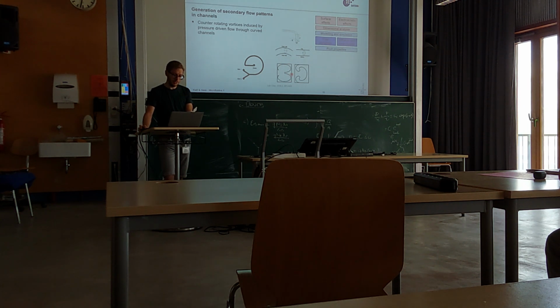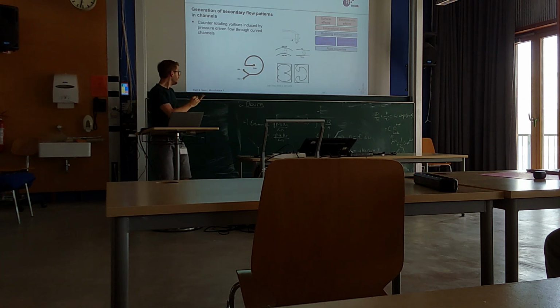So here in this image, you look at the cross section. So superimposed on this Hagen-Poiseuille profile, you get two counter-rotating vortices, and those vortices lead to this kind of flow image where you have this kind of swirling, so the two liquids would start to mix.